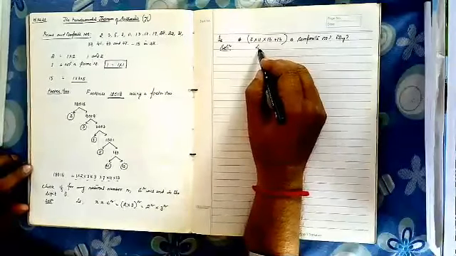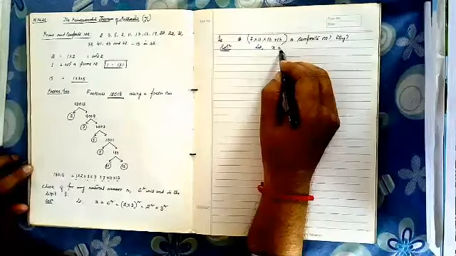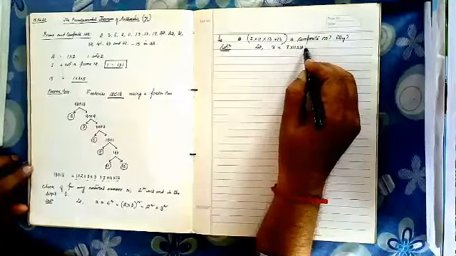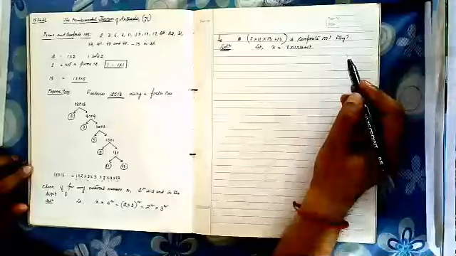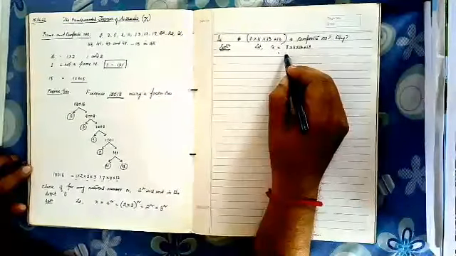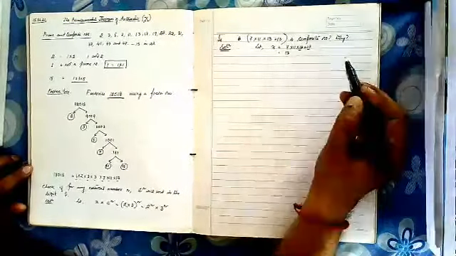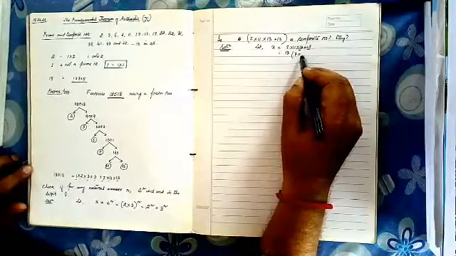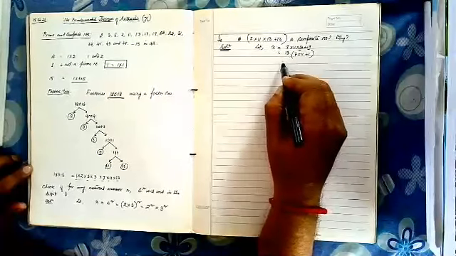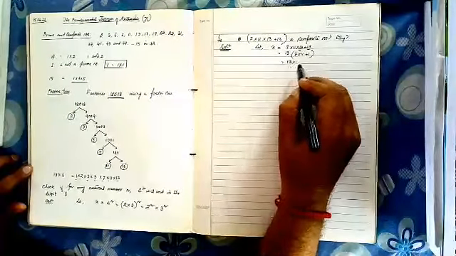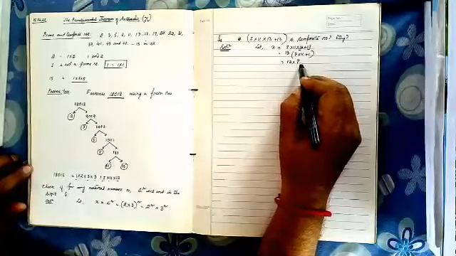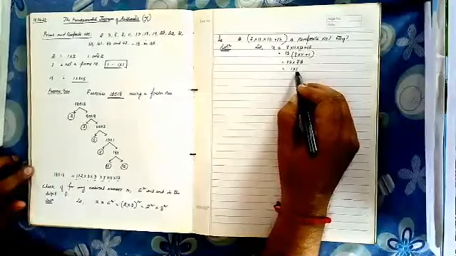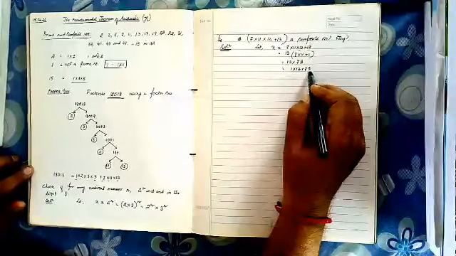Now for the solution, let x is equal to 7 into 11 into 13 plus 13. That is, we can take 13 common. 13 is present in both terms. So 13 into (7 into 11 plus 1), that is 13 into (77 plus 1), 78. That is equal to 1 into 13 into 78.